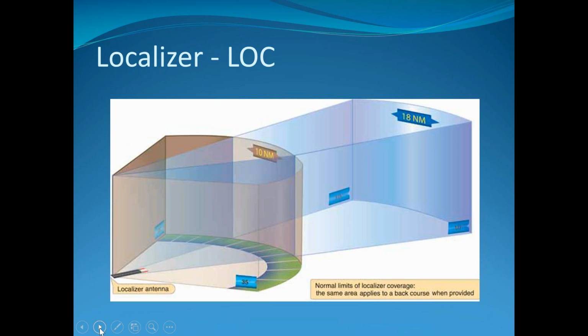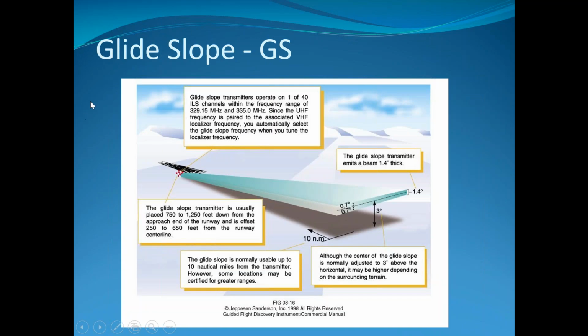Some airports have just a localizer with no glide slope, which is why we're seeing it on here. Because it exists, you'll see different approaches for just a localizer. Then you have the glide slope, which we already talked about, basically giving you the vertical guidance.